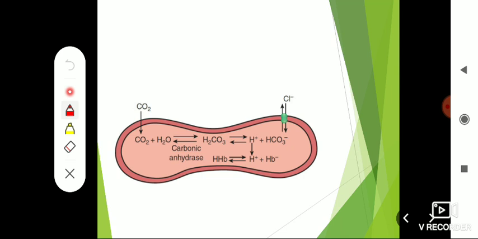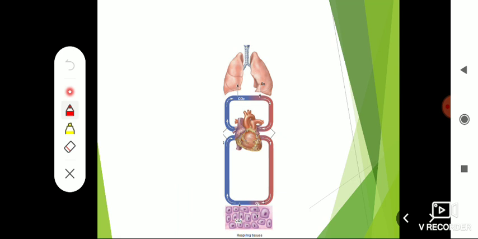So here you can see the HCO3 which is formed is going out of the cell in exchange for chloride. So the osmotically active substance coming inside will drag water along with it, and the cell size increases. Now here you can see the transport of CO2 which is formed. The first form is HCO3, 70%.